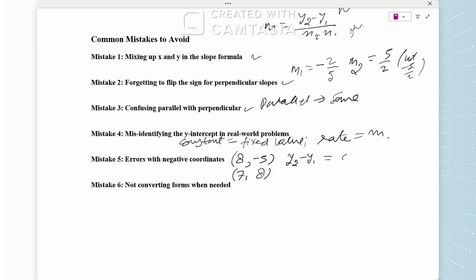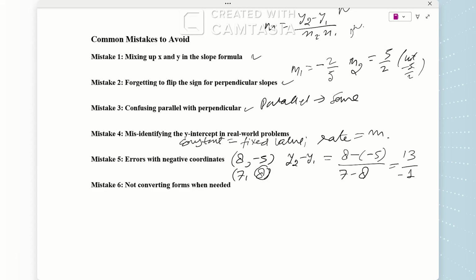What will it be? It will be 8 minus minus 5, divided by 7 minus 8. You have to take them as they are: 8 minus of minus 5, and then 7 minus 8 when calculating the slope. So it will be 13 on top and minus 1 down here. All right, so the slope will be minus 13.